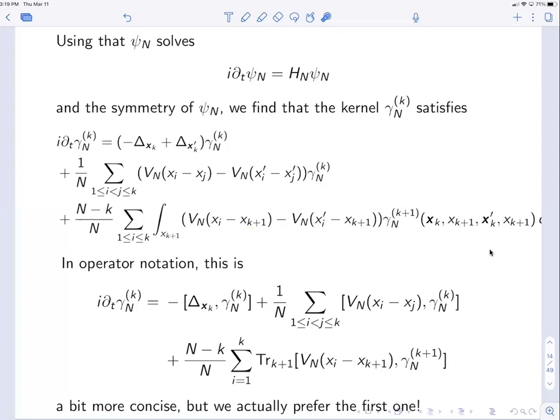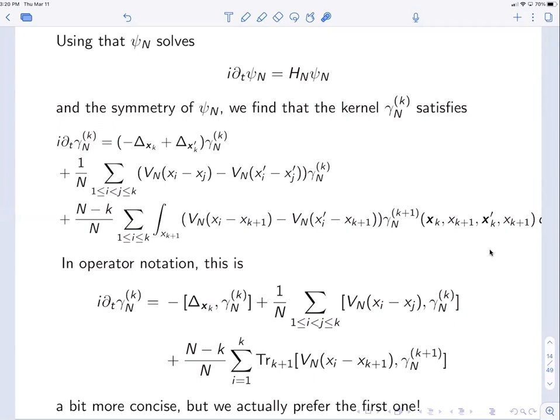So x_{k+1} and x_{k+1} prime are set equal, then equal in the potential terms, and then integrated. There's a dx_{k+1} on the right here of the slide. And the count of such terms is N minus k times k; the k is represented by the sum, but the N minus k terms have been bundled together with the symmetry assumption and all set equal to k plus 1.